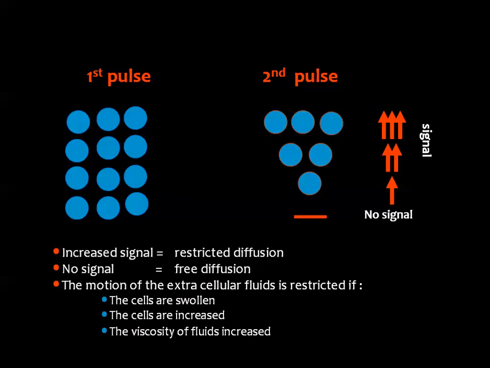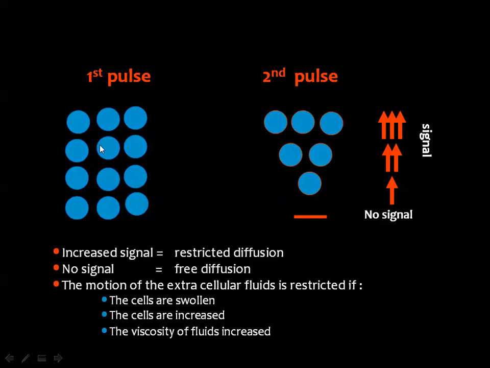Then let us look at this example. We started, let us say, with 3 protons, and in the second pulse we identified all 3 protons giving very high signal. Then you know that there is no diffusion in this area.